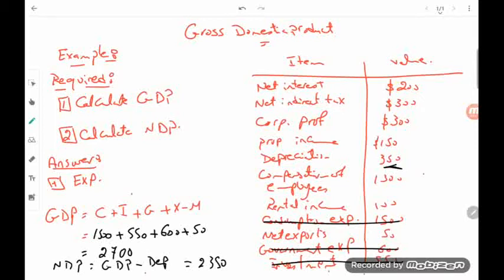Now we are going to move to the second method, which is calculating GDP using income approach instead of expenditure approach.